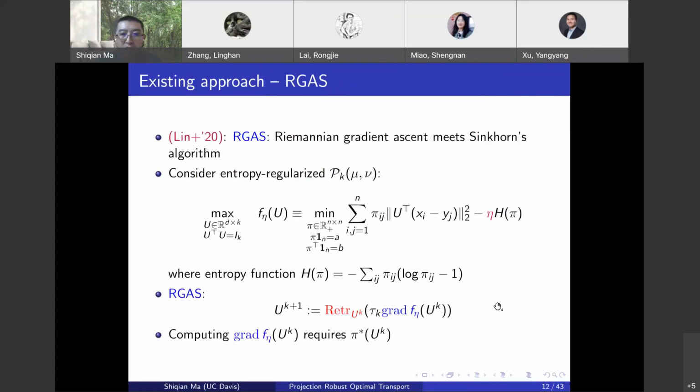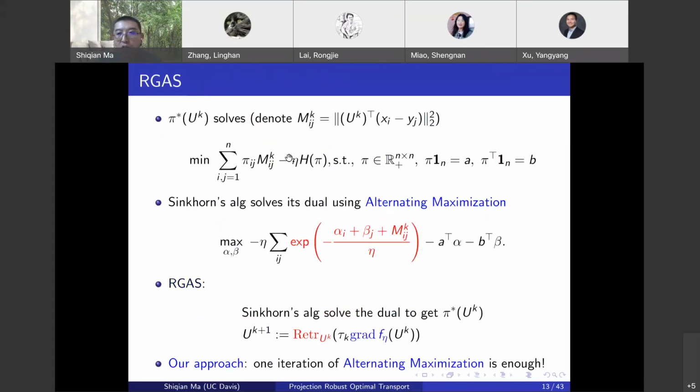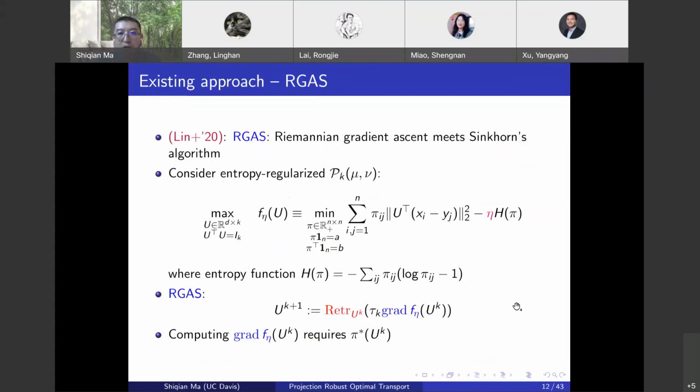But actually, in this Rgas paper, they can prove this. So basically, for the original problem, I'm not looking for the exact optimal solution. I'm looking for an epsilon stationary point. This is a non-convex problem, right?